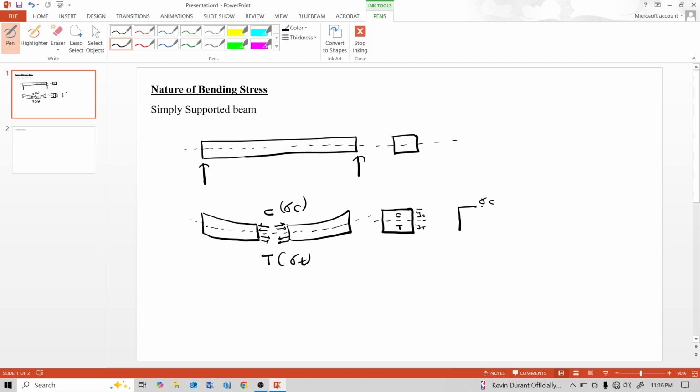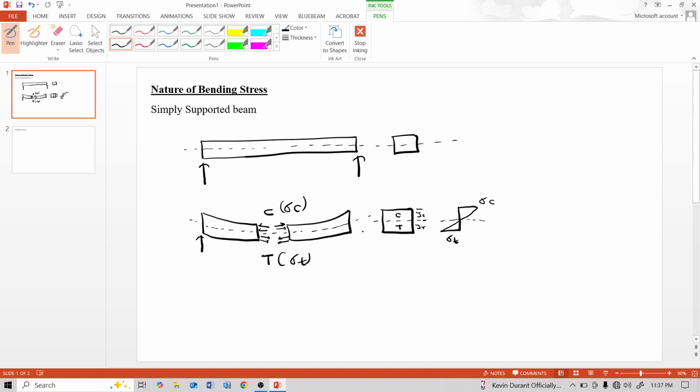Here sigma c is the compressive stress, at the neutral axis the stress is 0, and at the tensile side it is sigma t. This is the nature of bending stress for a simply supported beam. Upper side compressive stresses and lower side tensile stresses.